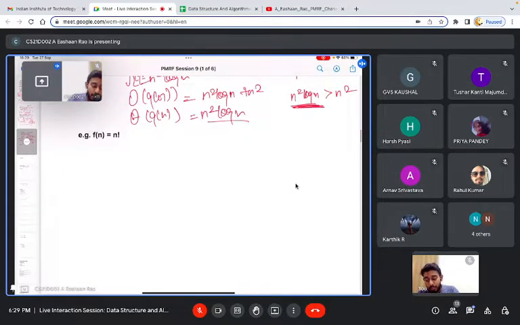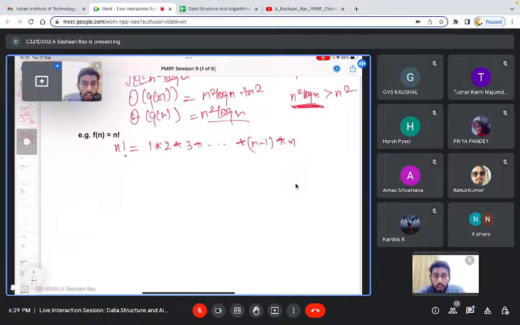Now we come to a different kind of case. Here is n factorial. If you have to define n factorial for a function, we will say that it's the product of the first n numbers: 1 into 2 into dot dot dot into n minus 1 into n. This is how n factorial is usually defined.